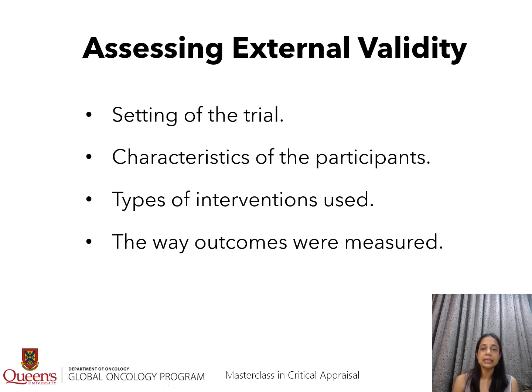How do we assess the external validity of a study? Look at the setting of the trial, the characteristics of the participants, what types of interventions were used, and how outcomes were measured, and see whether these are similar to what you would apply in your clinical practice.